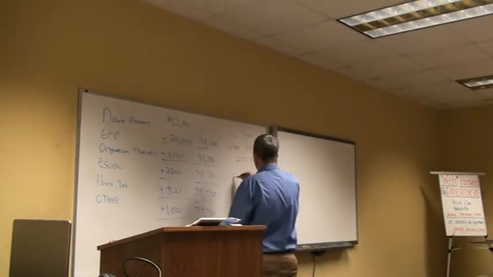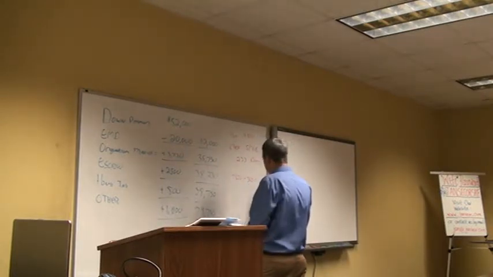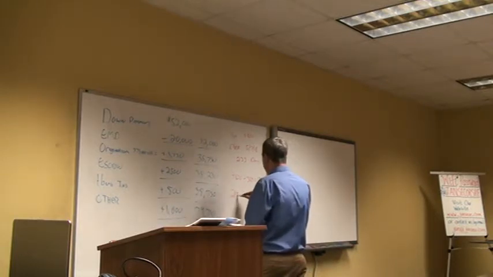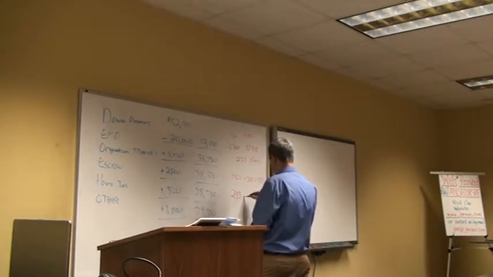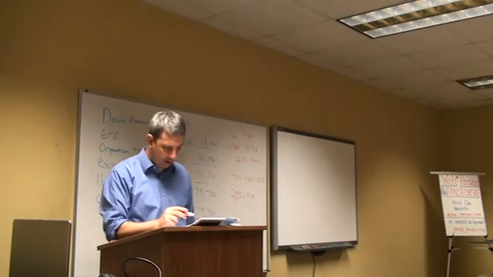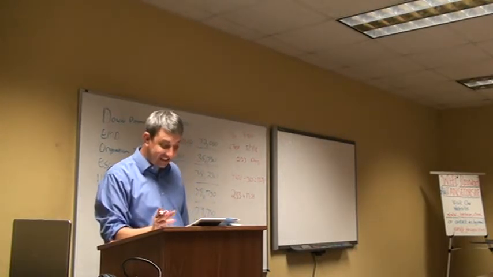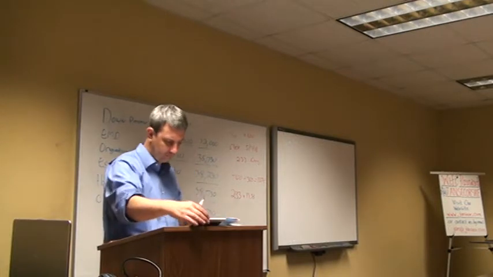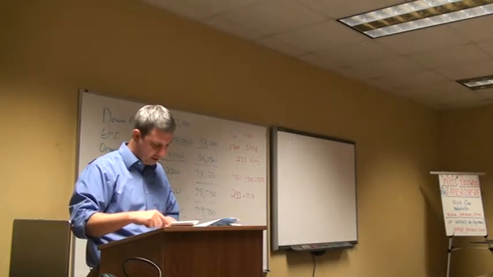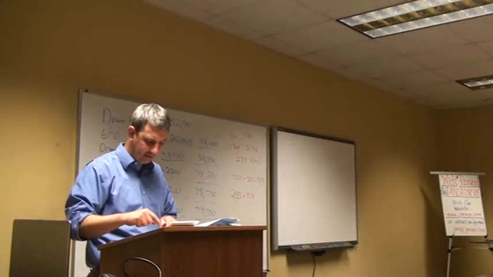What's our daily tax rate? 4,800 divided by 360 days. 13.33. 233 days times 13.33 gets us the magic number of, let's see, 233 days times 13.33.